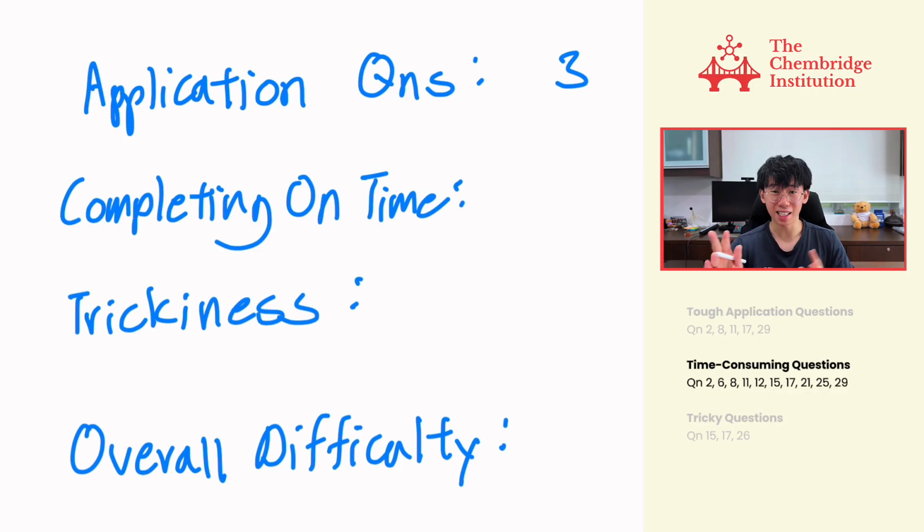Now do notice that I did a bit of overlap with the tough application questions because of course tough application questions do need more time as well to ascertain whether you got the correct answer or not. An example of these time-sucking questions is question 12.